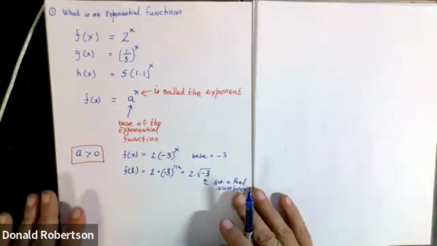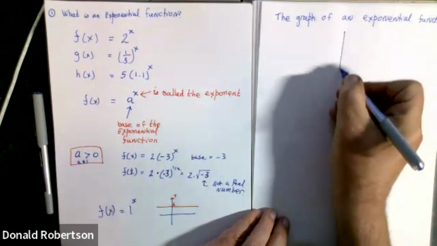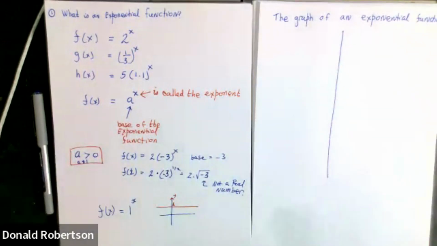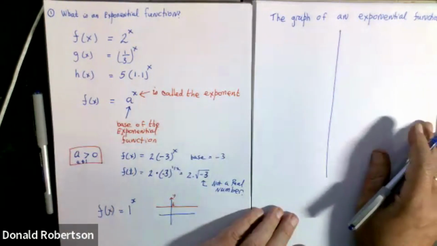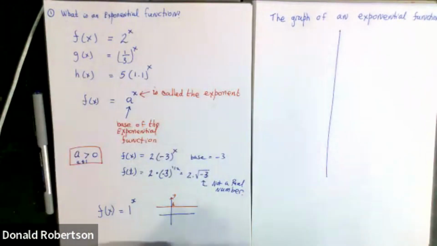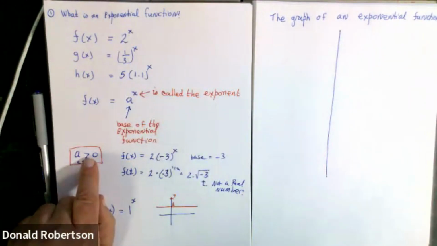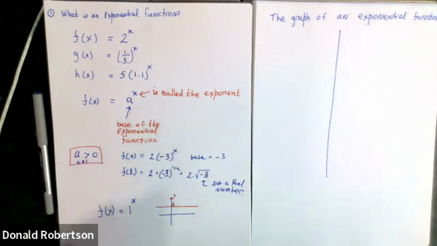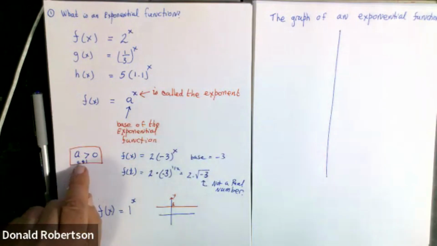Now, continuing on that vein, let's look at the graph of an exponential function. Well, the first thing we have to realize is that we already know that a must be greater than 0. We've explained why that's the case. Let me tell you why a is not allowed to equal 1.